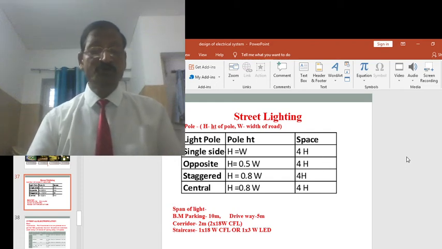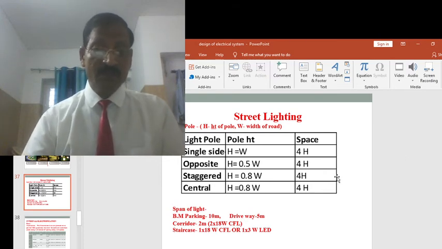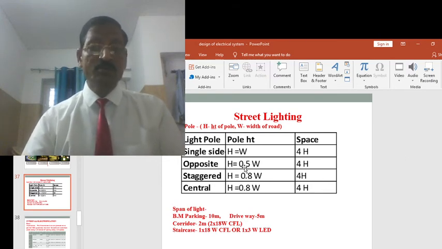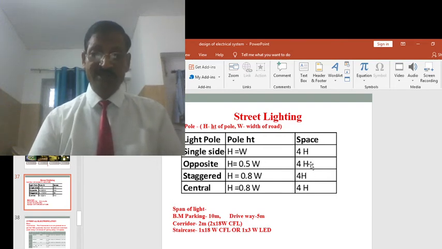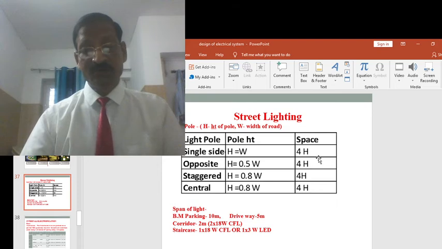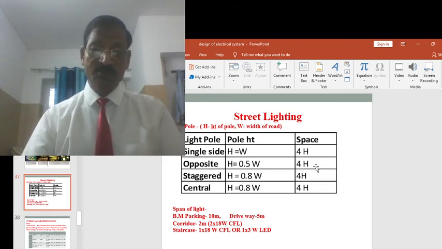If the poles are on opposite sides of the road, then height will be 0.5 of width. Height of the pole should be half of the width of the road, and space between the two poles is 4h, 4 times the height of the pole.